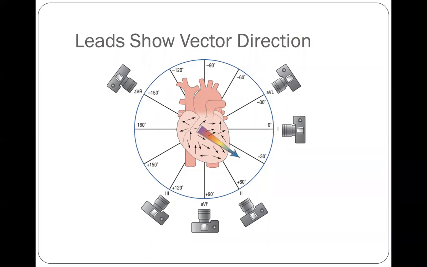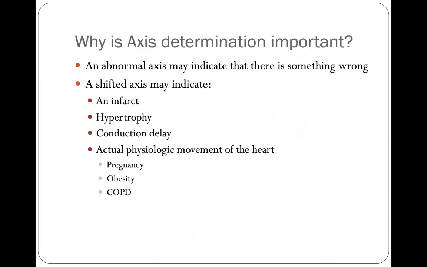All right. Okay, what does axis tell us? It's going to tell us a lot of things as we get going. Anytime we have an abnormal axis, it can let us know that something's wrong, or it can tell us that something is going on with our machine. So anytime an axis is shifted, if you have an infarct of some sort, that will shift the axis, because if you have dead tissue, then obviously that tissue will no longer be excitable.